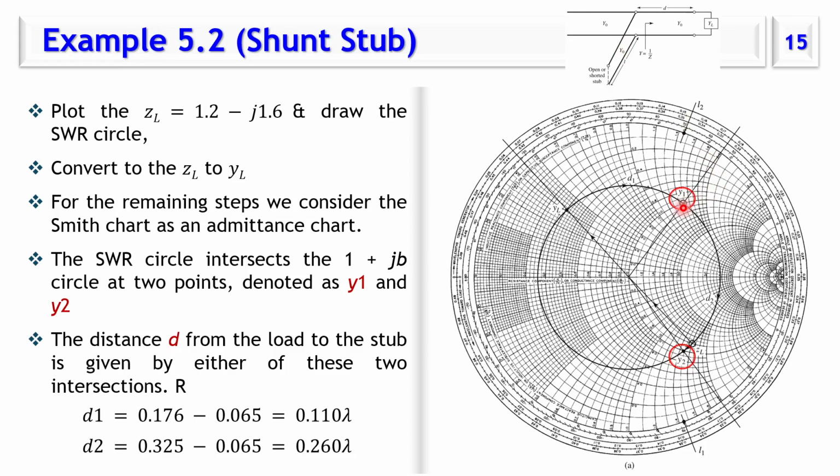We need from the stub the negative of this admittance. So if this admittance is 1.45, so we need an admittance of minus 1.5 from this short circuit stub, so that the total would bring us to this point.